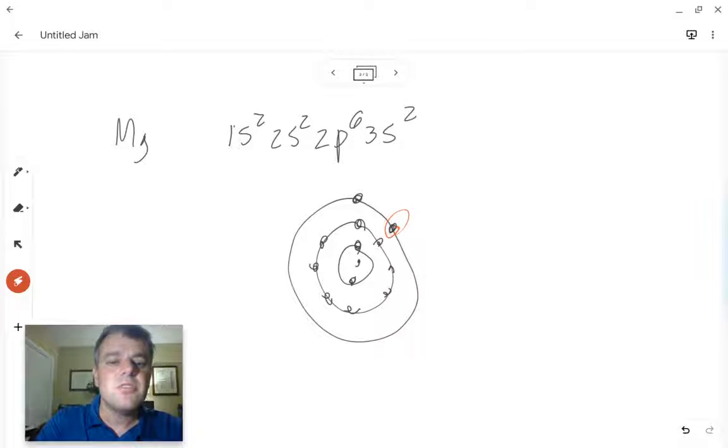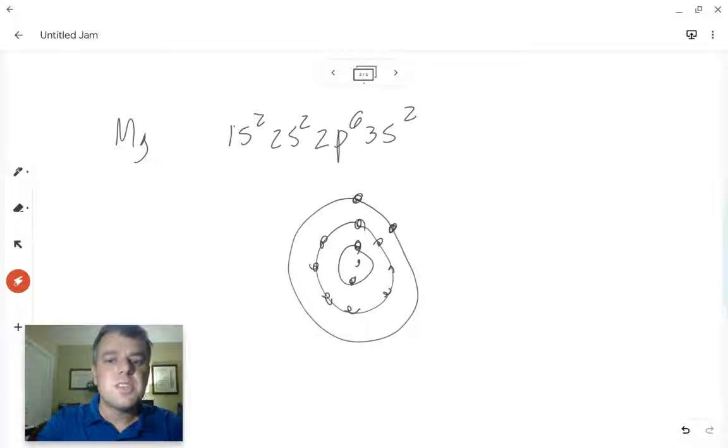To remove a second electron will require a little more energy. This may not be intuitive because the effective nuclear charge out here is the same. It's +2. But removing the first electron is a little easier because these two electrons repel each other. So that's kind of helping you to remove the first one. You don't have that extra repulsion when you go to remove the second one because the first one's already gone.